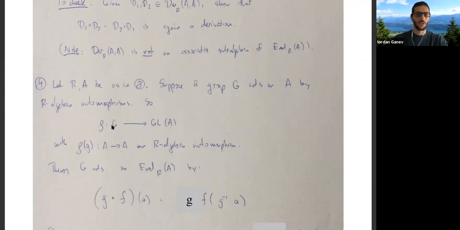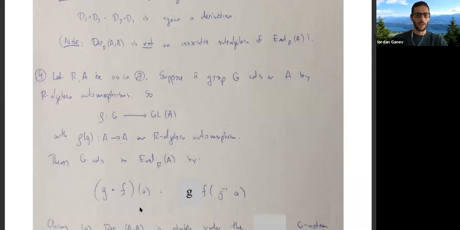So we think of G as mapping into the general linear group for A, with the condition that every image of G is an R algebra automorphism. I could have put also GL sub R here, but it's an R linear map that's also an automorphism of the algebra structure. Okay, so in this case, we get an action of G on the R linear endomorphisms of A in the following way.